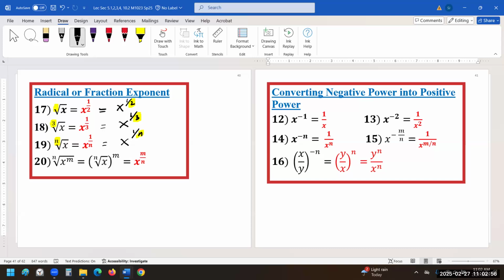The last one says, well, what if you already have a power on your base and now you're taking the root? So you have a power and you have a root at the same time. When this happens, you keep your power the same, but your radical goes on the denominator.